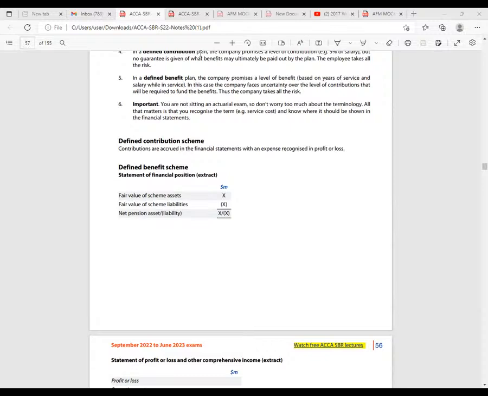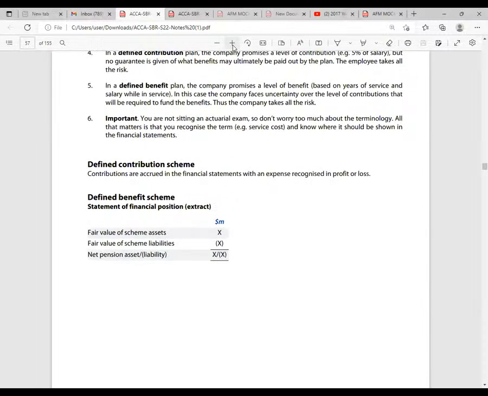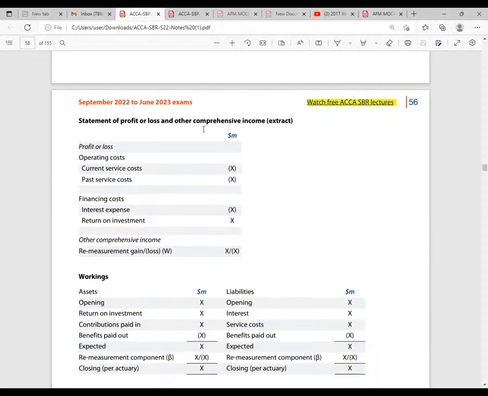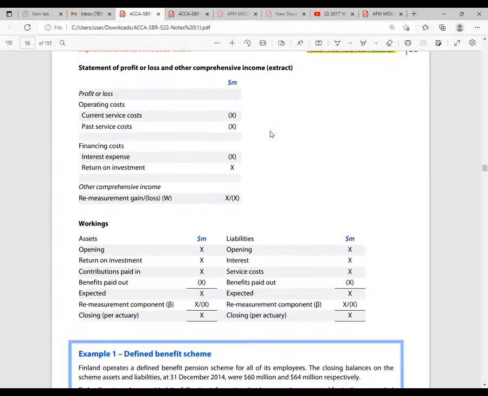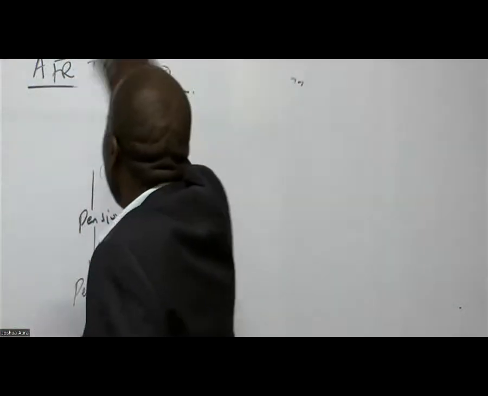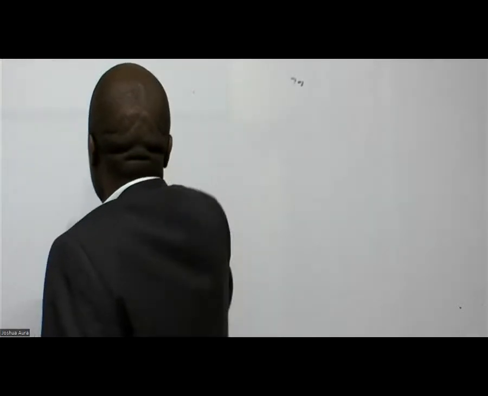And then, ladies and gentlemen, we have something very important here. We have the statement of profit or loss and other comprehensive income. Remember, under P and L, ladies and gentlemen, what are we supposed to account for under P and L? Very easy. Under P and L, this is normally what we do.